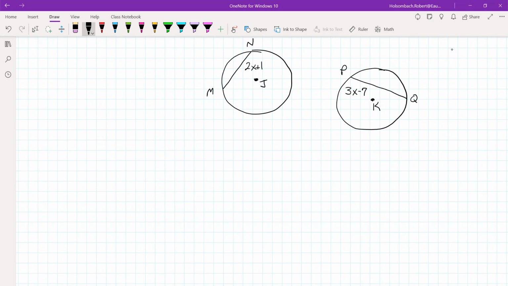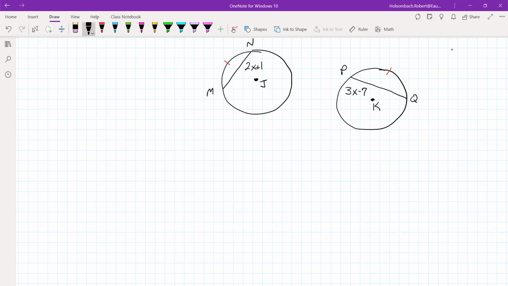You're told in the figures that circle J is congruent to circle K, so the circles are the same. Arc MN is congruent to arc PQ. Like we just said, if the arcs are congruent, well, then the chords are congruent.